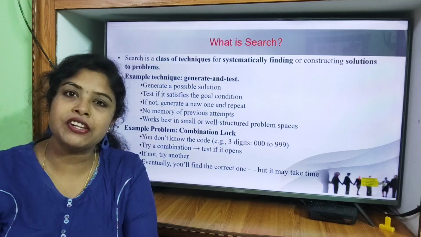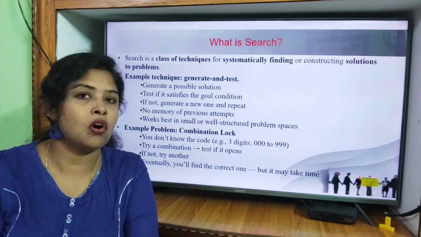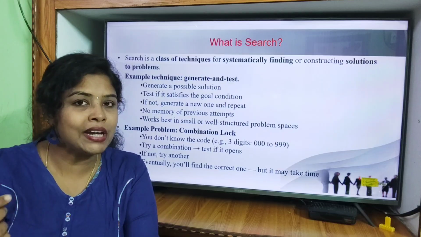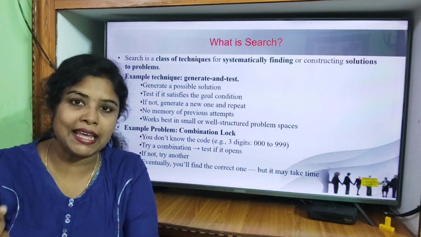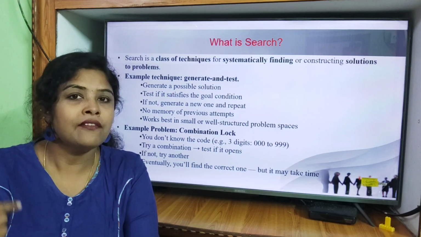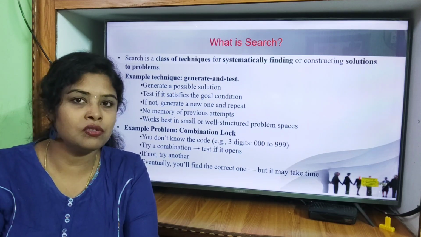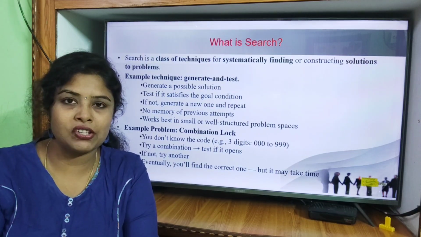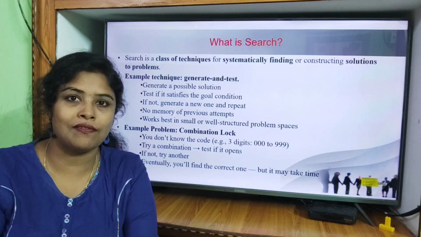Suppose we have a combination lock system. This is a common example, so I have taken that. We need to try out different combinations like 9, 8, 6. Like that, if it is a 3-number series for a lock, we need to try different combinations to open it. Same way, when you are solving any Sudoku, there you need to try different possible combinations and go by logic and solve it.